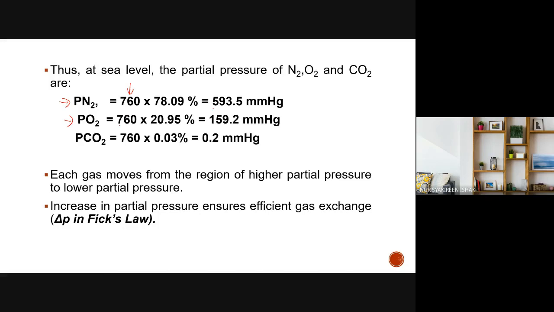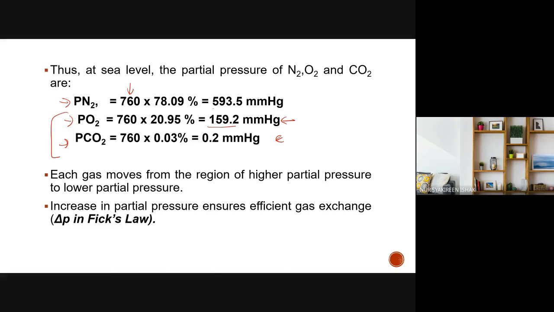Oxygen, kalikan 760 kali dengan 20.95, you get 159.2 millimeter mercury. For carbon dioxide, 760 you times by 0.03, you get 0.2 millimeter mercury. Okay, so yang ini boleh ignore sebab kita nak tengok untuk respiratory gas sahaja, kan. So nitrogen you ignore, so you want this value only, okay, especially for oxygen.